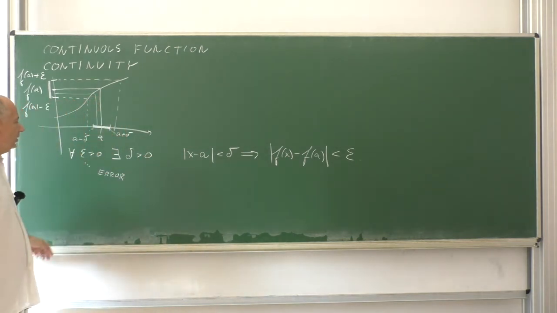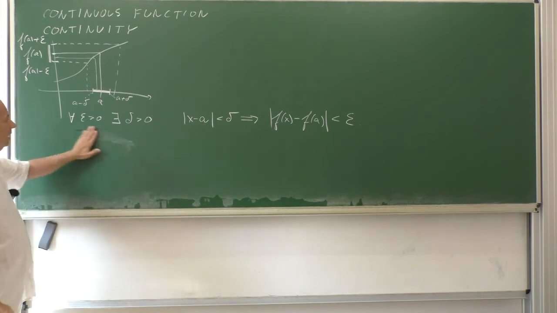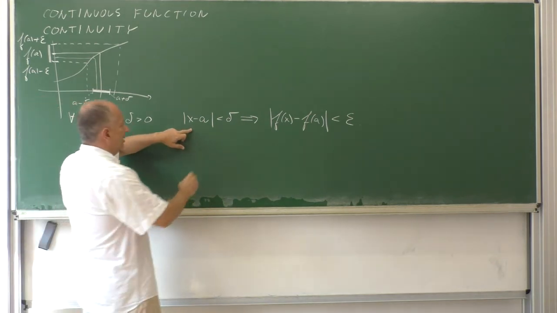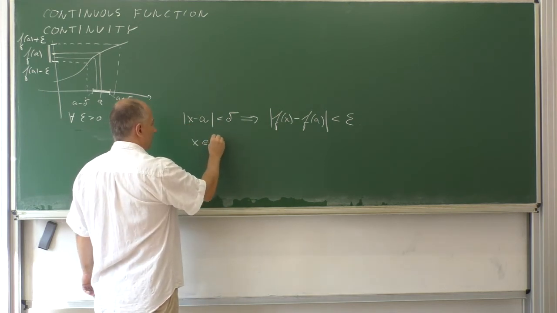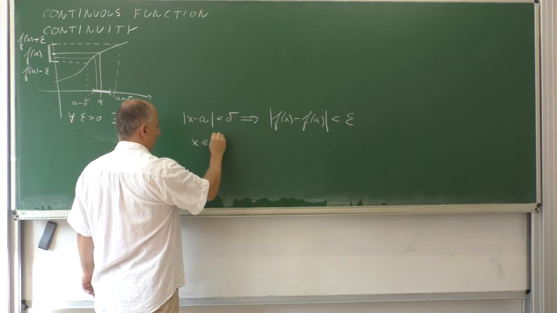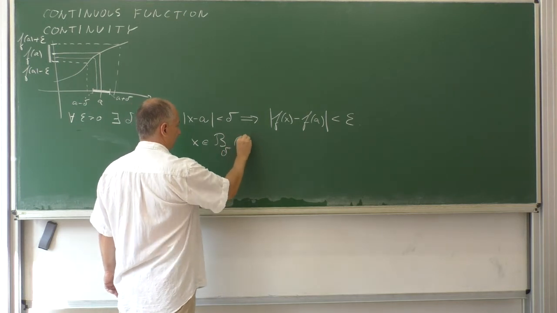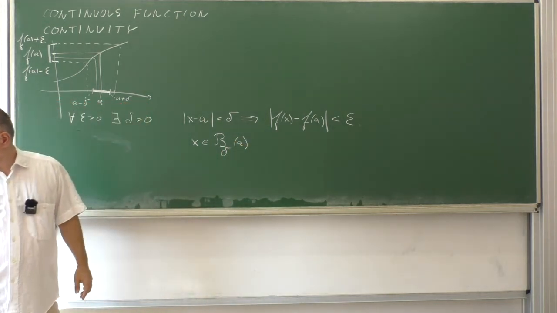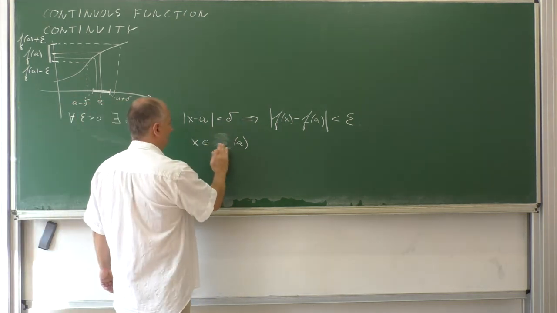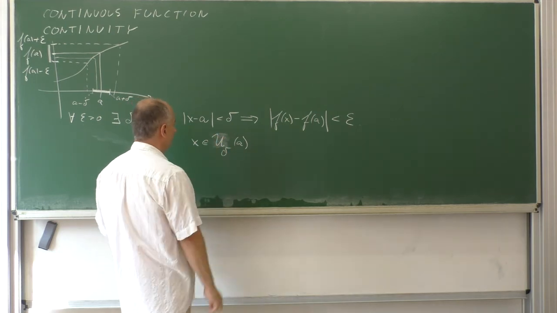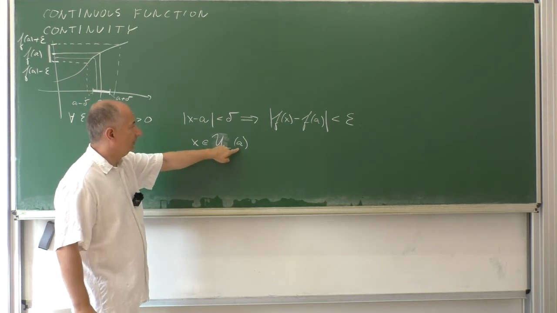This line can be written in some different way. We can say that if x is from the delta neighborhood of a, we denote the neighborhood U. x is close to a means x is in the delta neighborhood of a.